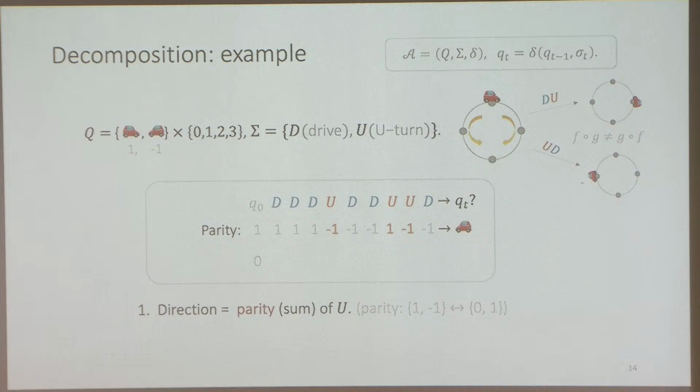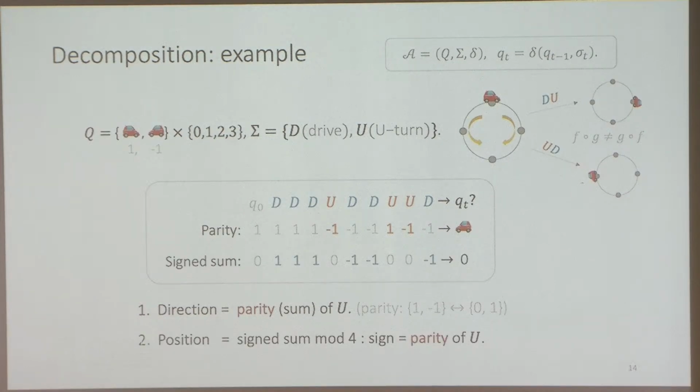Then once we have the direction of the car at each step, computing the position is also easy, because now we can take a signed sum of all the drives and then take the mod. The sign is given by the previous step, and the sum and mod can both be done in one layer. So overall, we have two operations of O(1) layer each, and that's the idea of decomposition.